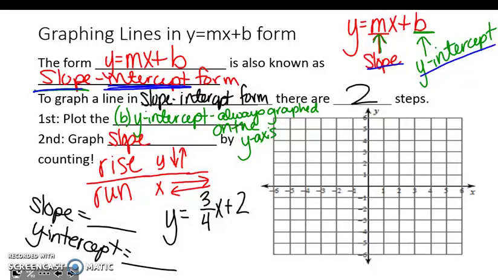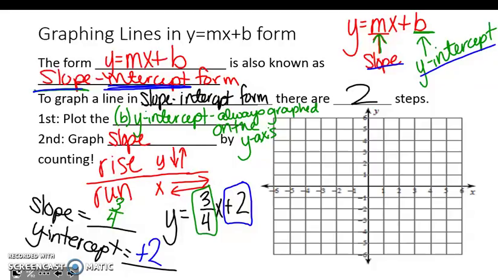Remember, the slope is always the one that is being multiplied times the x. So in this case, our slope is 3 over 4. Our b value, what is being added or subtracted to that, is going to be our y-intercept. So our y-intercept is positive 2 and our slope is 3 over 4.